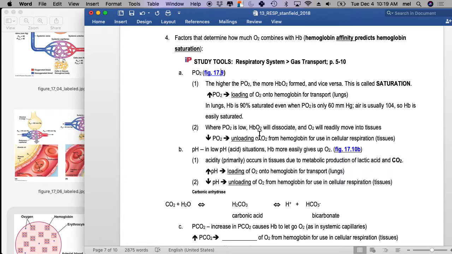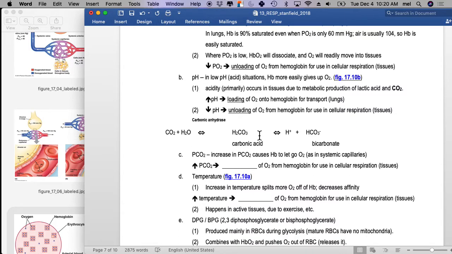I'm going to do PCO2 before I do pH. The next thing that determines loading or unloading is PCO2, independent of oxygen concentration. So let's think through this. Which capillary bed, systemic or pulmonary, would have high PCO2? Systemic would have high PCO2 because of cellular respiration, right?